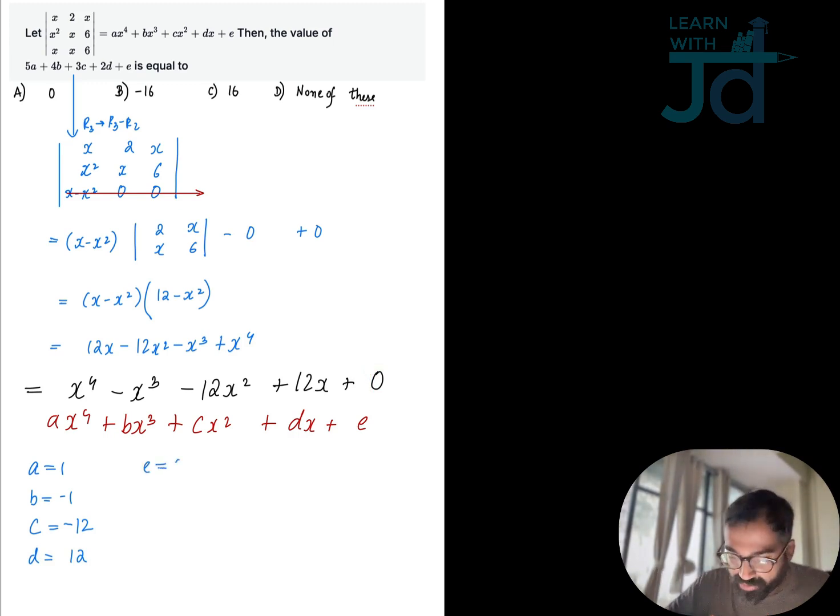Okay, so I have got the values of all the coefficients. Now I need the value of this.